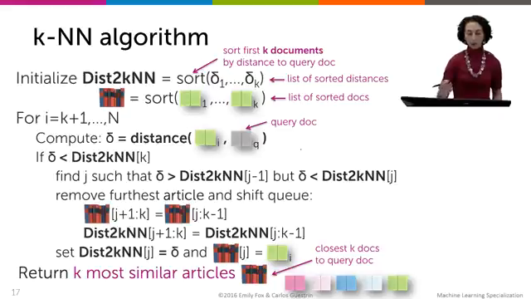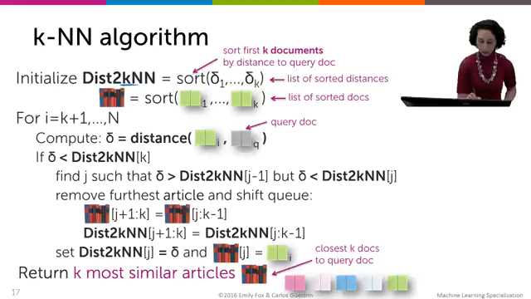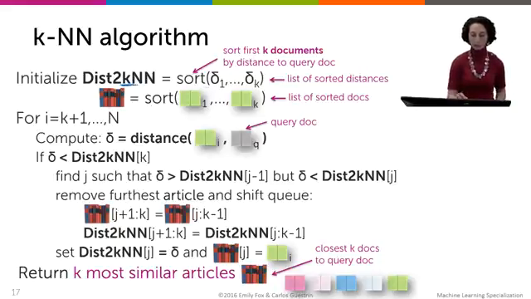Okay, so just like for one nearest neighbor, we can walk through our k nearest neighbor algorithm in terms of the pseudocode, where we're going to define something that records the distance to our nearest neighbor found so far, but in this case, we're going to have the distances to our k nearest neighbors found so far. So it's going to be a sorted list of the distances to the k closest articles found at a given point in the algorithm.